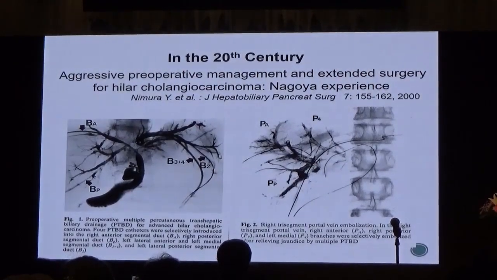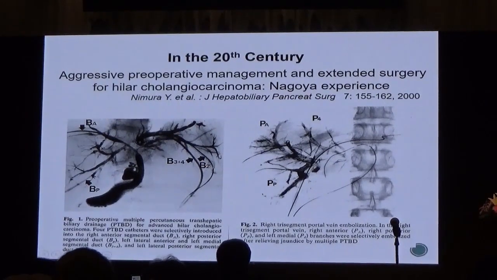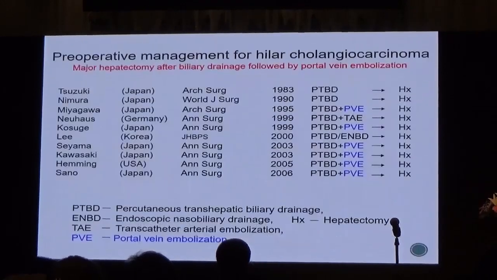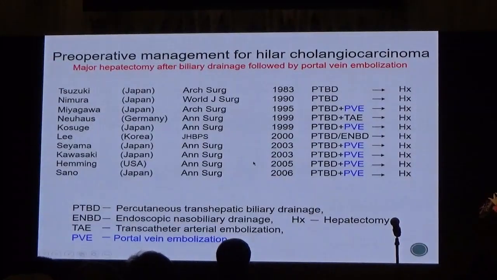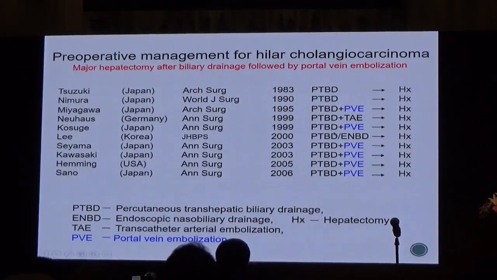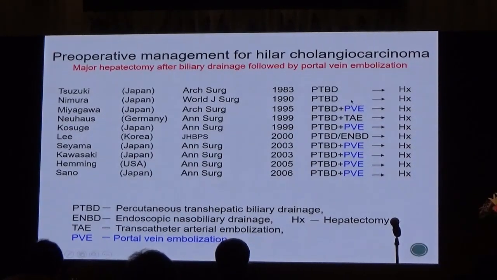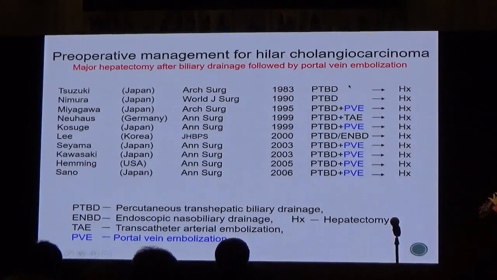In the last century, I aggressively performed multiple PTBD and portal vein embolization before difficult hepatobiliary resection for hilar cholangiocarcinoma. In the last century, many centers in the world used preoperative PTBD followed by portal vein embolization. This was the strategy in the last century.